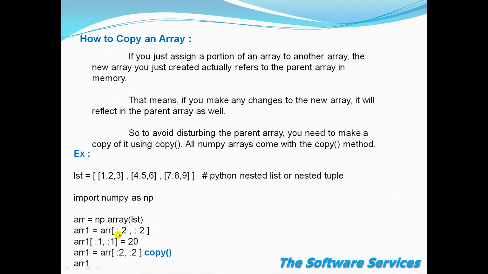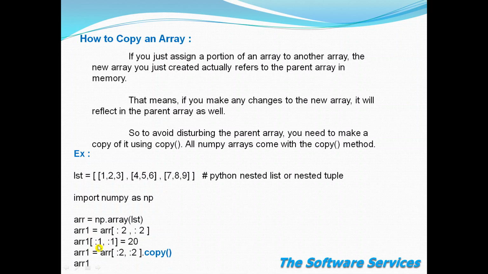Array of colon 2, that means for the row part, if we don't mention the left side, it by default takes from 0 to 2, and then columns also 0 to 2. So some portion of the array will come to ARR1.